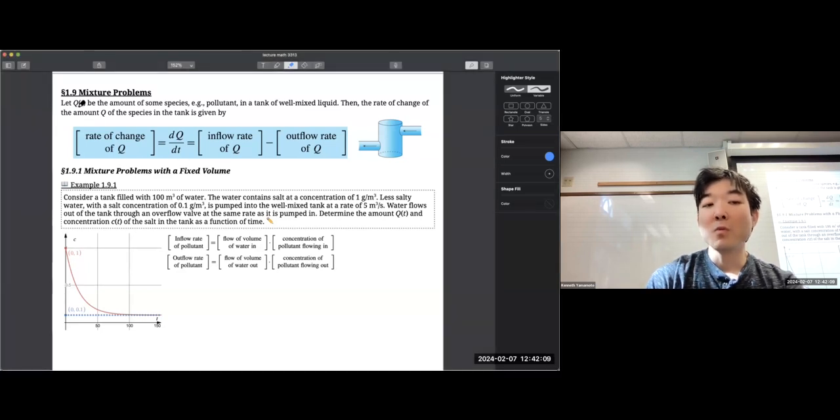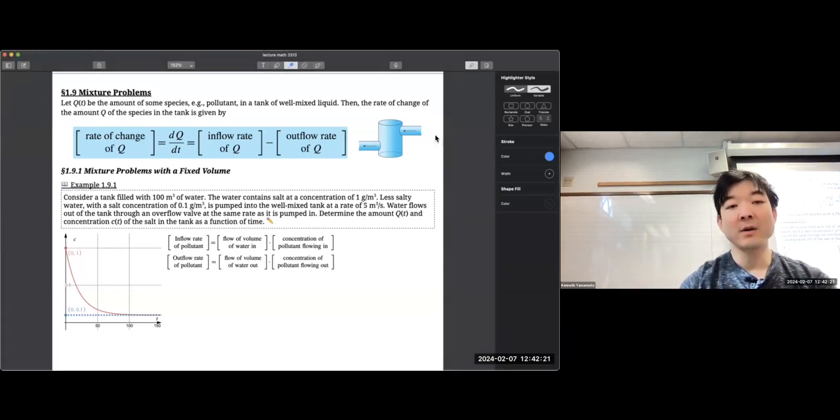For this one, let Q(t) be, it's confusing, but it's capital Q again, but it's not representing temperature at all. Let Q(t) be the amount of some species in a tank. It could be the concentration of some pollutant, or it could be salt that's being dissolved.